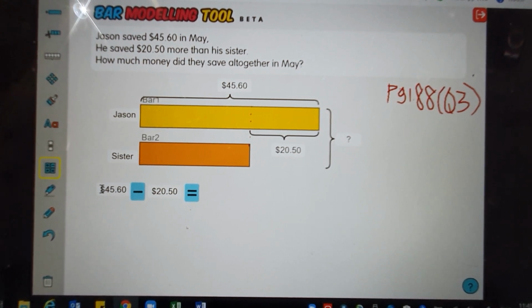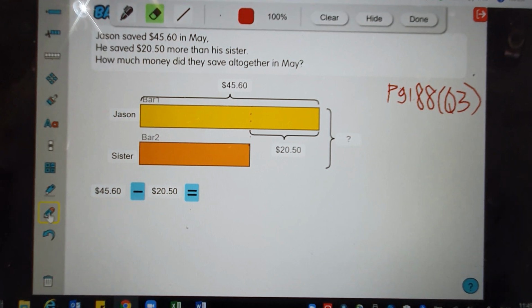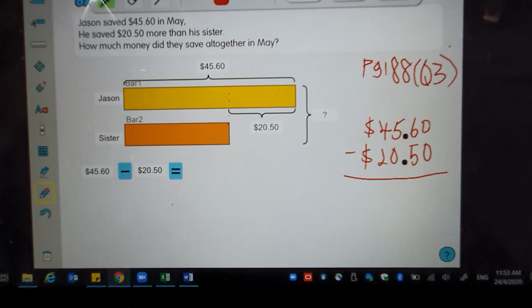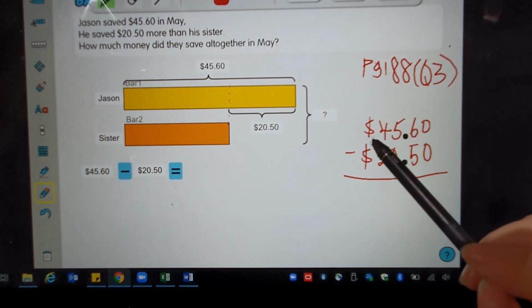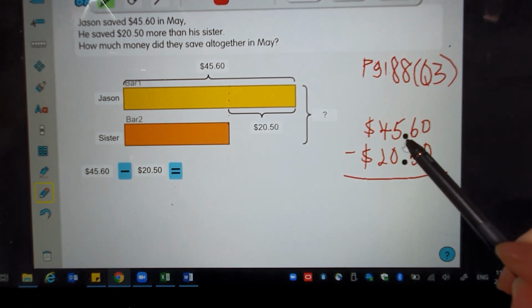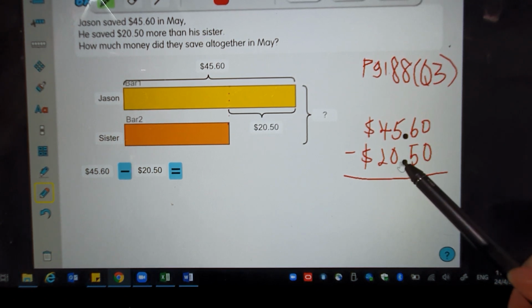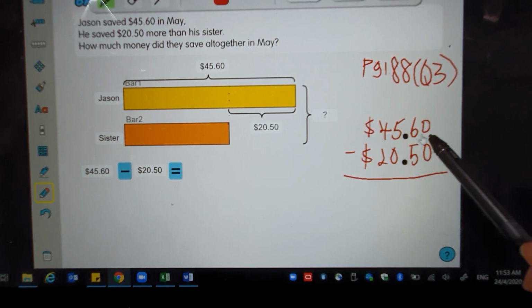Please be consistent with your use of units because some of you are still omitting your dollar sign and your decimal point. As you do your working at the side, please remember to put your dollar sign as well as your decimal point, which is your dot, to separate between your dollars and your cents.